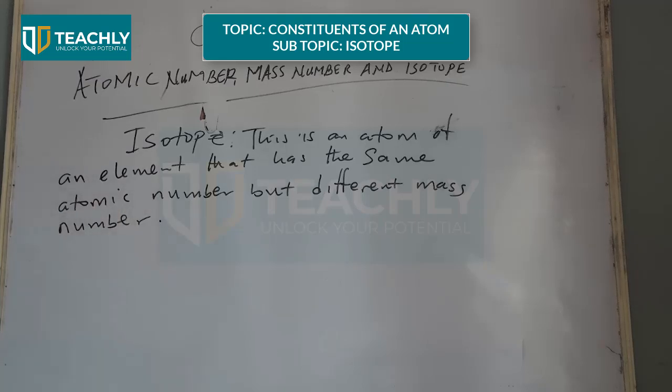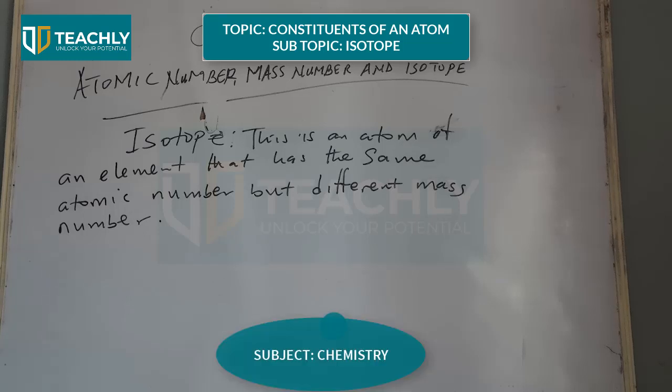So what is responsible for isotopes is that there is a tendency of some elements to have more than one different neutron number. Like I told us the last time, if you look at some elements, they have more than one neutron number.